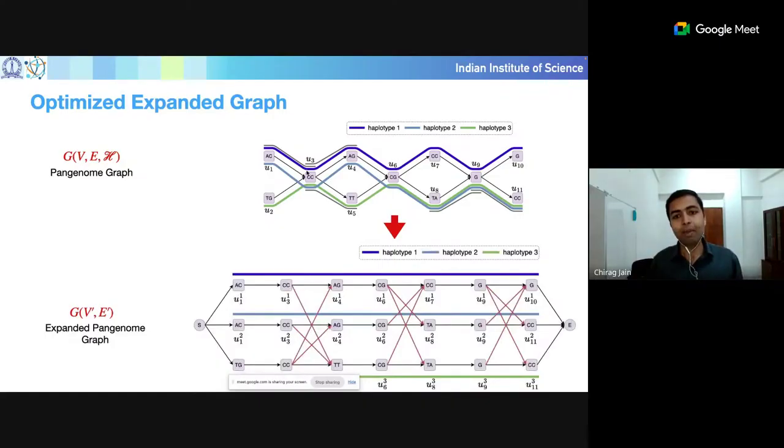Remember that in the pangenome graph, 2 haplotypes can share a common vertex. But in my expanded graph, I'm going to separate all these haplotypes and introduce a source and a sink vertex such that I have separate paths for each of these haplotypes. So I'll have one path for haplotype 1, one path for haplotype 2, and a third path for haplotype 3.